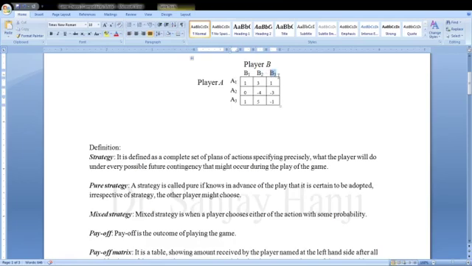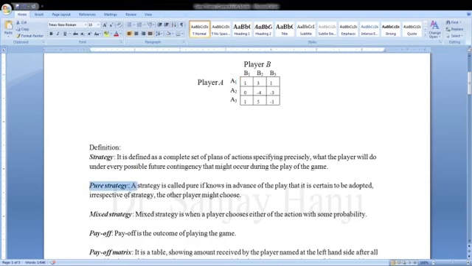Even if he plays B3, he will play A1 itself. So no matter what the competitor does, player A will play A1. He is fixed and sure that he is going to play A1. That is called a pure strategy.